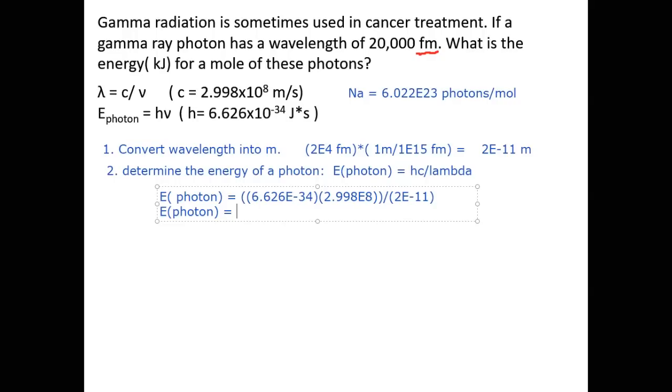So we get that the energy of one photon is 9.932 e to the negative 15 joules. That's the energy of one photon. But if we notice here, it says what's the energy in kilojoules for a mole of photons. So the next step, we're going to convert this to kilojoules.